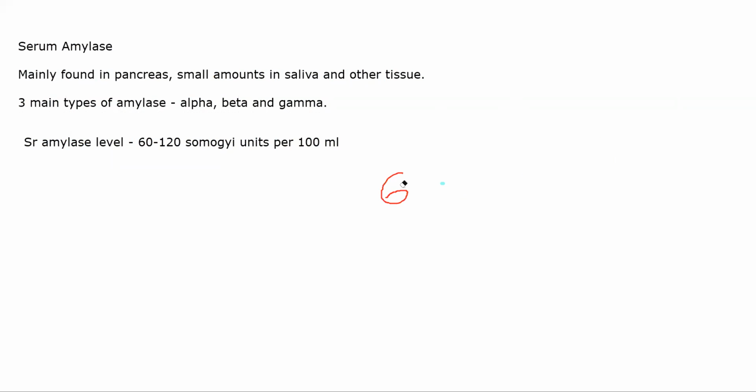Now, what is that unit? A Somogyi unit is a unit of measure of the hydrolyzing action of your amylase. Okay, normally amylase has the capability of hydrolyzing carbohydrates.